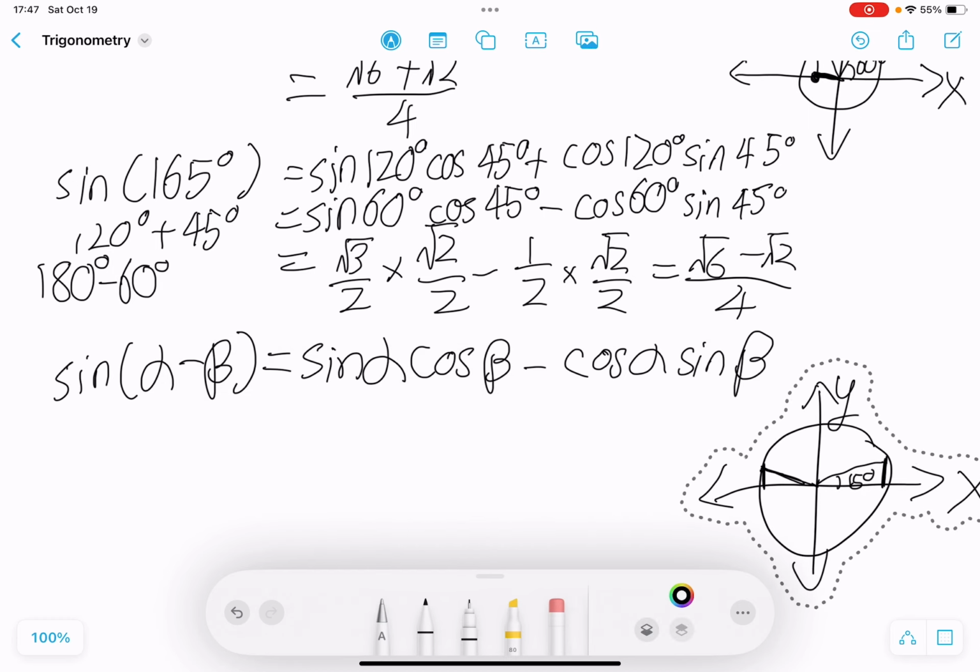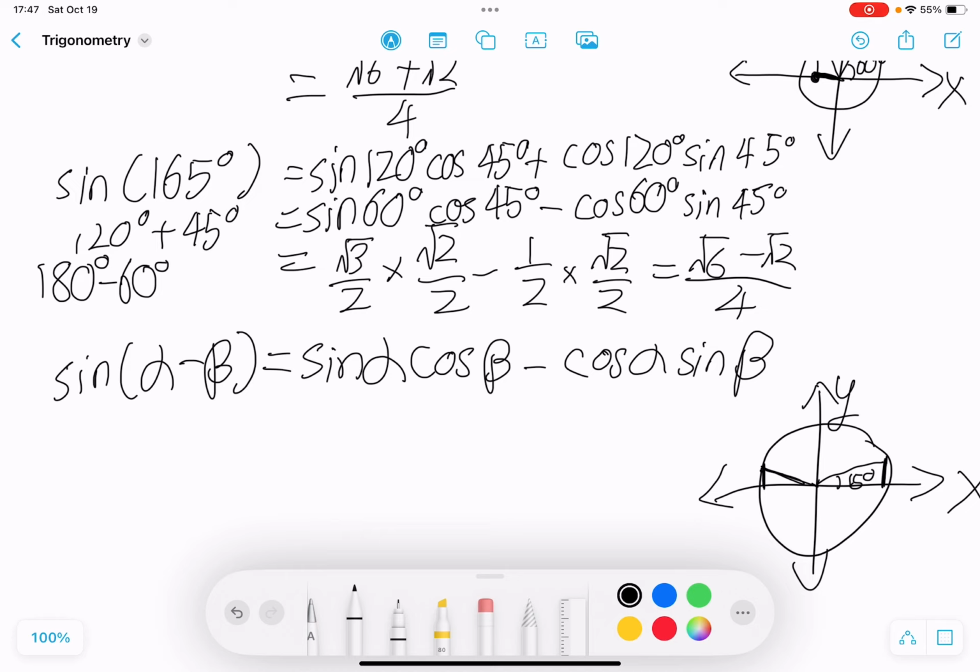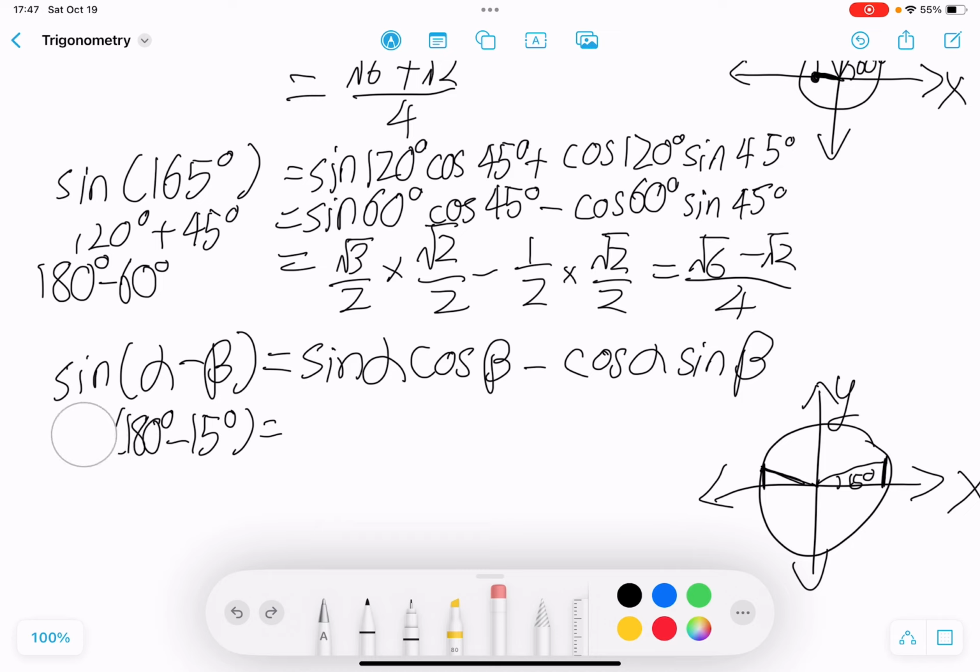So if we use the difference formula of sine to find sine 165 degrees, we could have done sine 180 degrees minus 15 degrees. But the major problem here is we don't know what sine 15 degrees is. So let's try to find sine 15 degrees. Well, sine 15 degrees is just 45 degrees minus 30 degrees, pretty obvious.